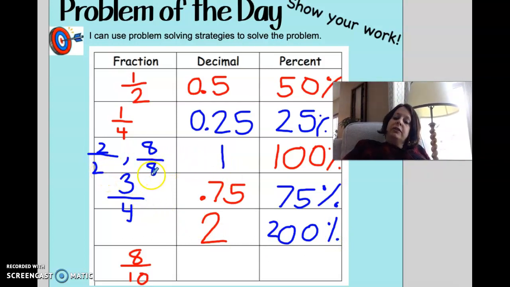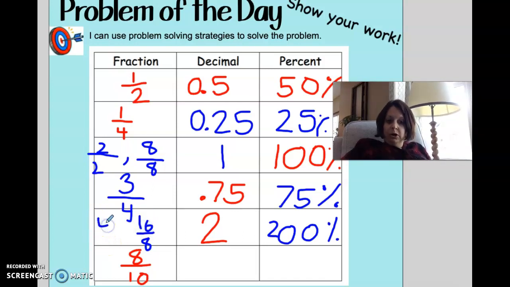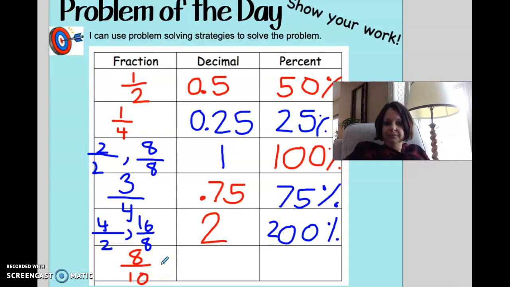For this one, whatever the denominator is, the numerator has to be double that. So if we were doing eighths, double eighths, 8 plus 8 is 16, so it'd be 16/8, or maybe 4 halves, right? It's an improper fraction because the number on top is larger than the number on the bottom, okay?